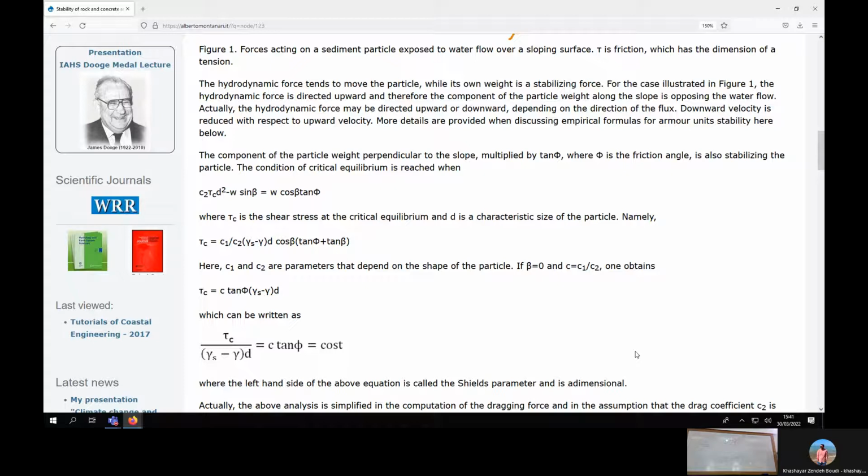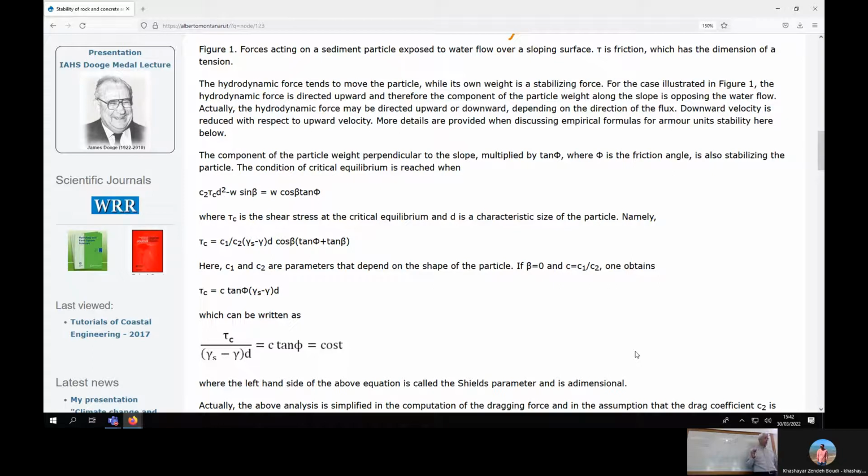And Shields actually was motivated more by the will of checking the stability of armour grains in the riverbeds rather than seabeds. But actually the experiment works.